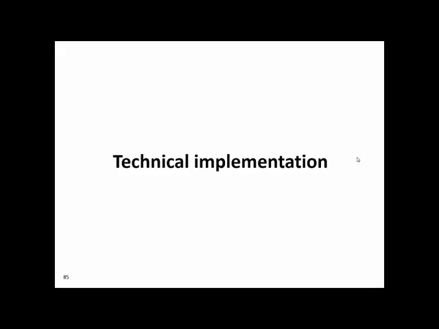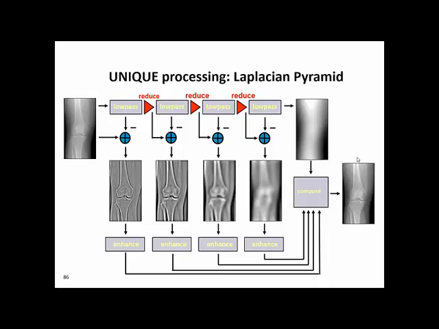The technical implementation of unique is a multi-scale Laplace pyramid, as you see it here. From the original image, we derive different bands, different frequency bands. Here, for example, we see the high pass, and finally we have here the low pass picture.